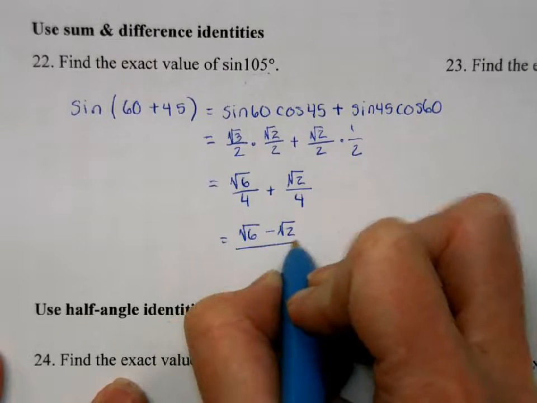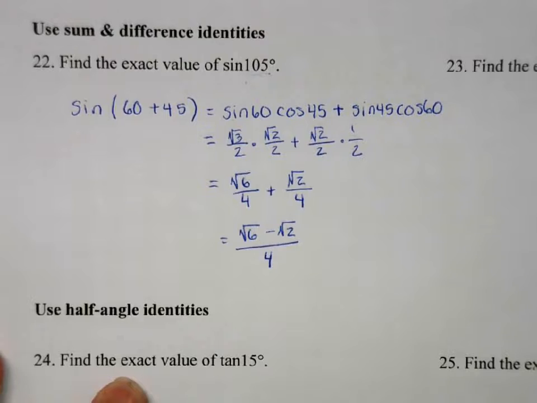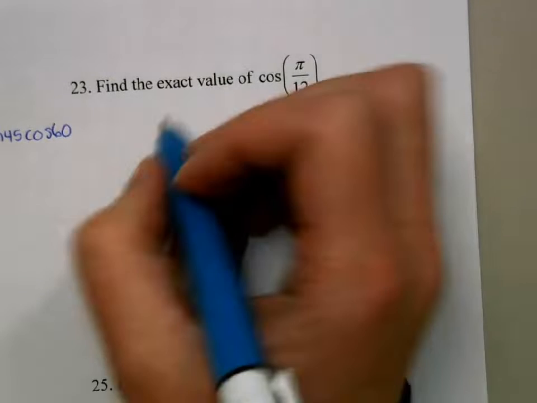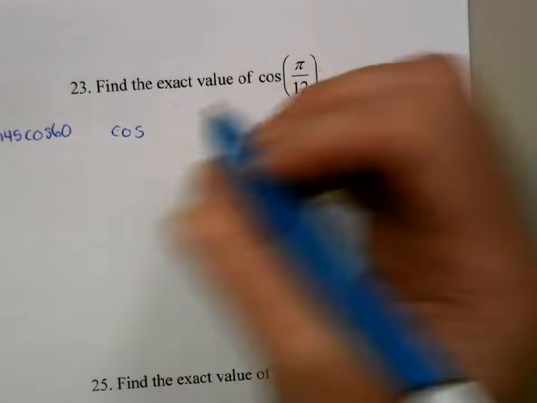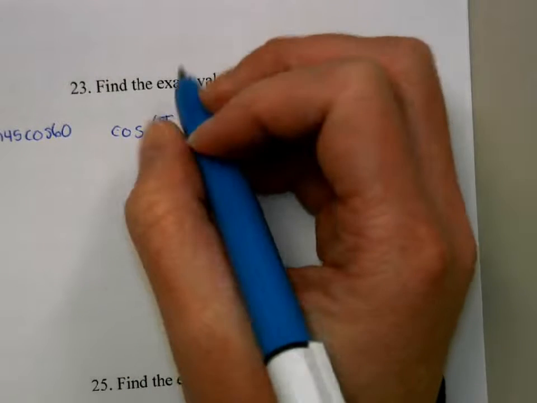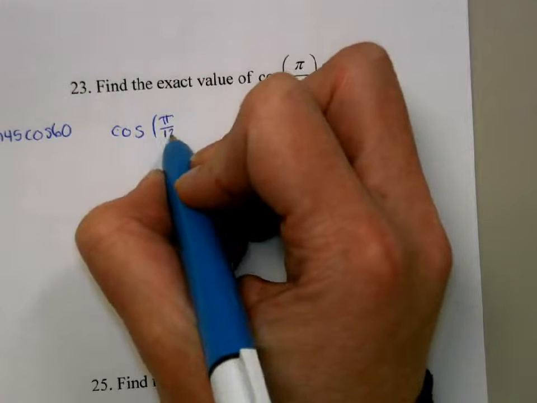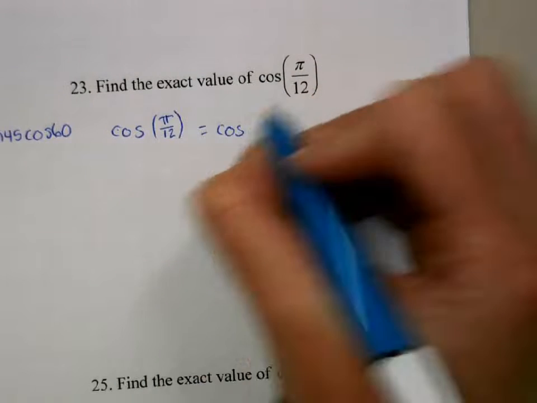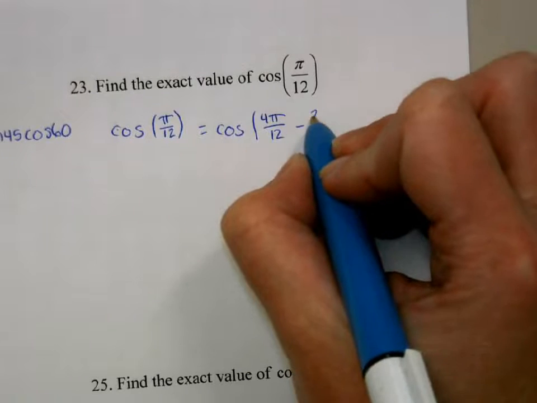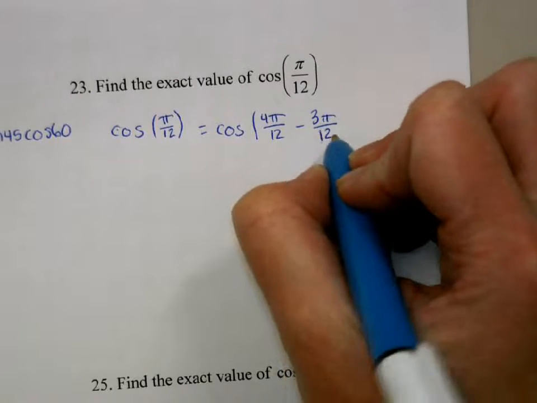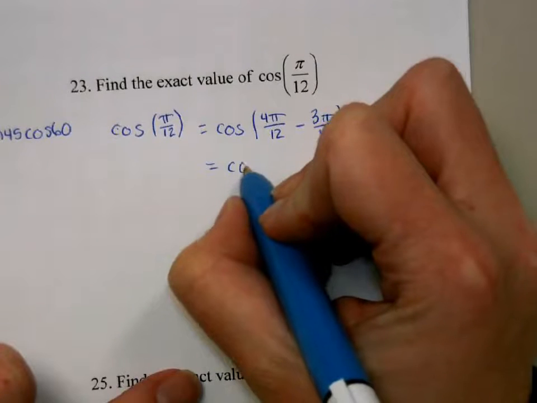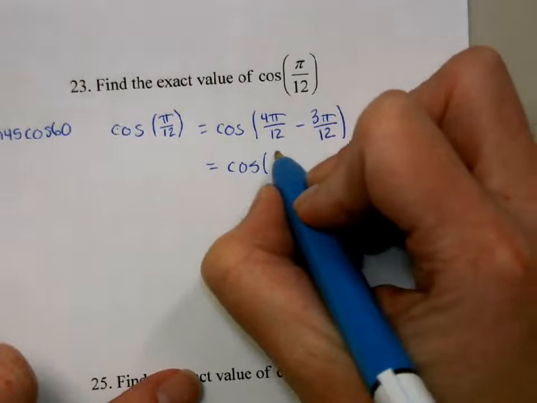Pi over 12. So when we're in radians, I'm going to rewrite this as cosine of 4 pi over 12 minus 3 pi over 12. I pick those values because if I simplify them, this is really pi over 3, this is really pi over 4, which are unit circle values.